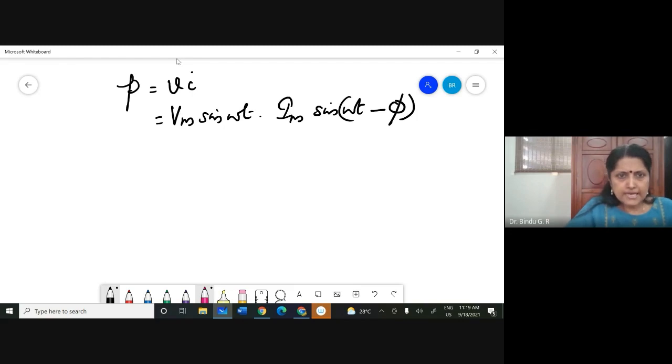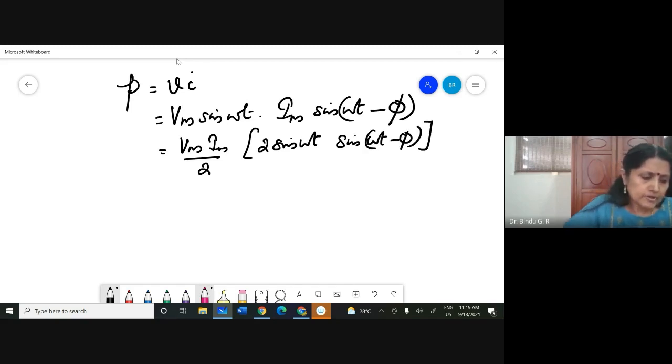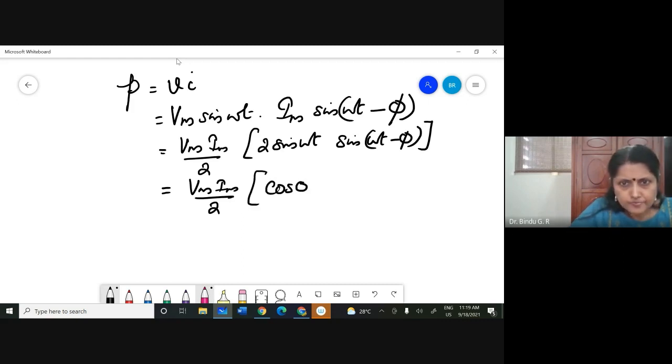So this I can write as Vm Im by 2 into 2 sine omega t sine omega t minus phi. By trigonometry you can write Vm Im by 2 times cos phi minus cos 2 omega t minus phi.